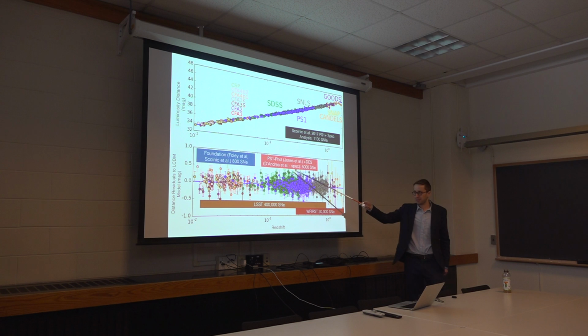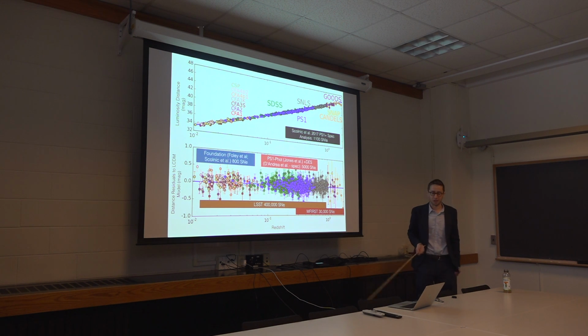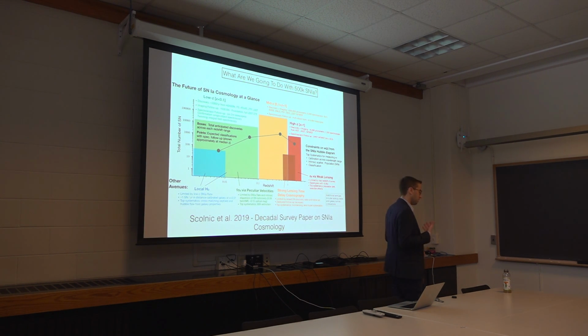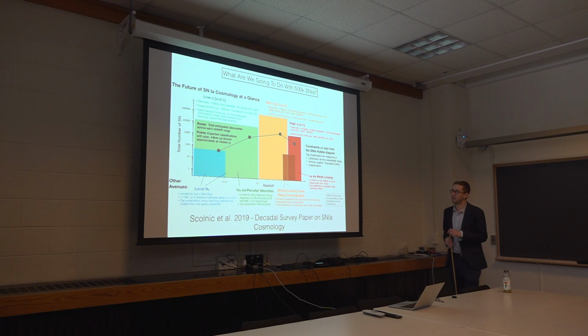And then in the next few years, that's when the real big jump takes place. That's when we go to 400,000 supernovae. And with WFIRST, which I'll talk about in just a little bit, that's 30,000 supernovae. So if we could do this planning right, we're really at the cusp of this enormous jump.